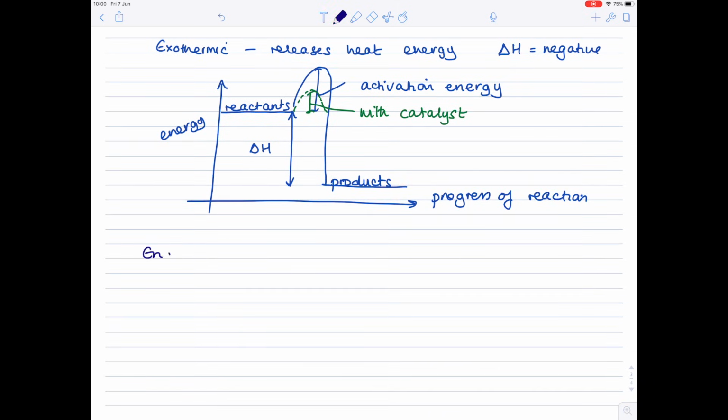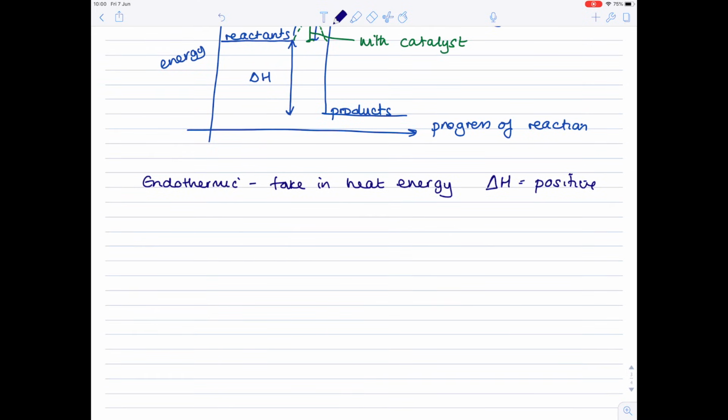So how about endothermic reactions now? So these take in heat energy. Delta H is positive. Have the same axes label.